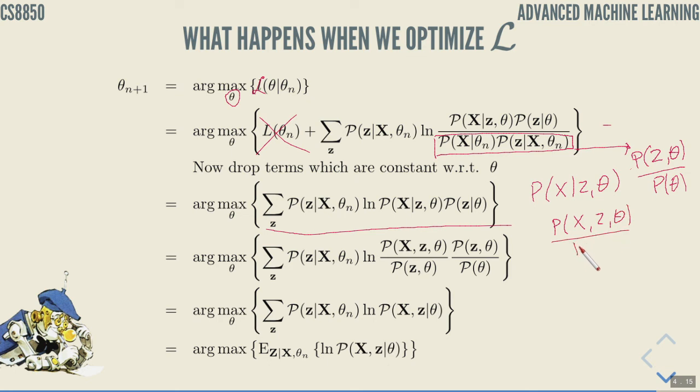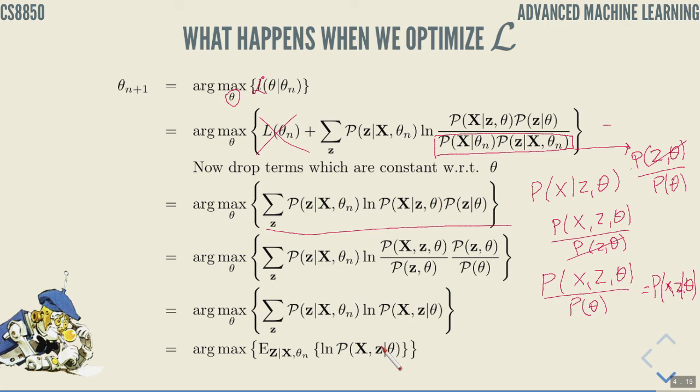Just rewriting, I'm not even introducing any factors there. Those two are equal, and then we can cancel this out, and what we will be left with is probability of x, z, and theta, which is the joint distribution of x and z given theta.